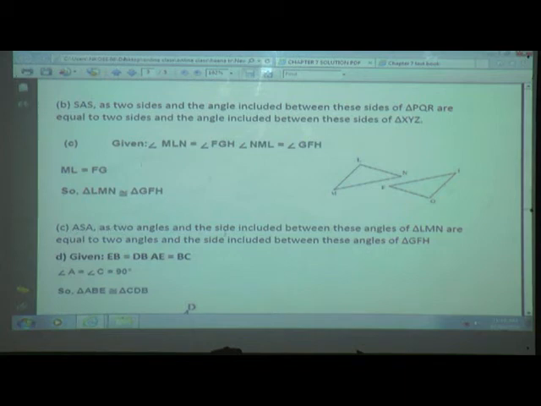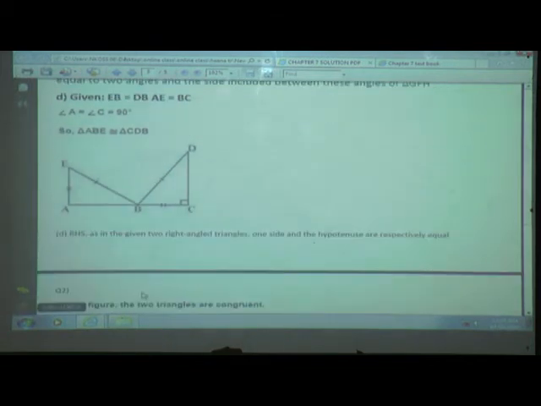As the two angles and the side included between these angles of triangle LMN are equal to two angles and the included side of triangle GFH. So two angles are equal and one side is equal, and we can find that these two triangles are congruent by angle side angle criteria.